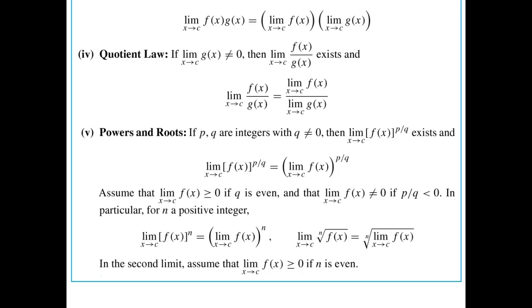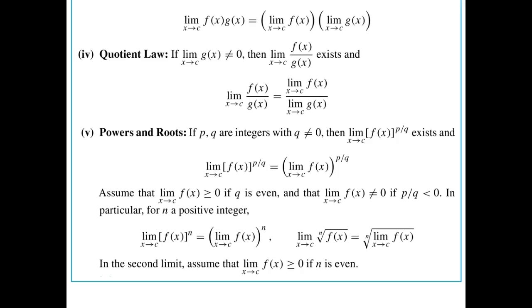And then what you need to do here is go back. If n is now even and alpha is greater than or equal to 0, then you can do this, because you can't take an even root of a negative number. That's all they're saying here. As long as you can do this, then the limit of a root is the root of the limit.